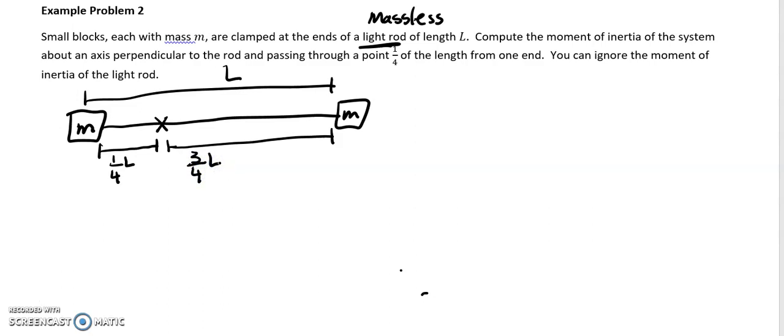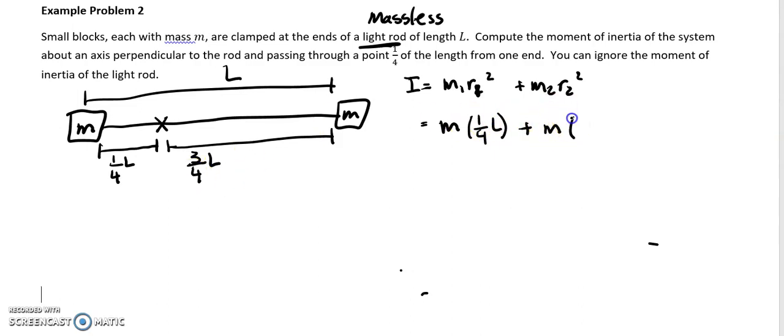Cool. So again, this is another problem with point masses. So I is going to be m1 r1 squared plus m2 r2 squared. For mass 1, that's just m. R1 is just 1/4 L. M2 is m. And then R2 is 3/4 L. And again, r is always the distance to the pivot point. I forgot to square that there.